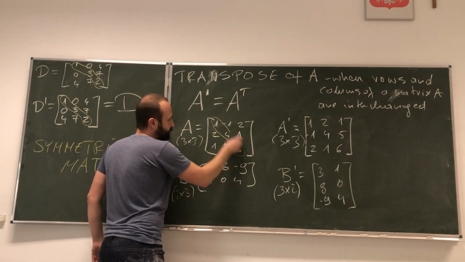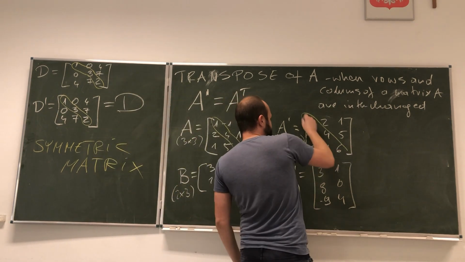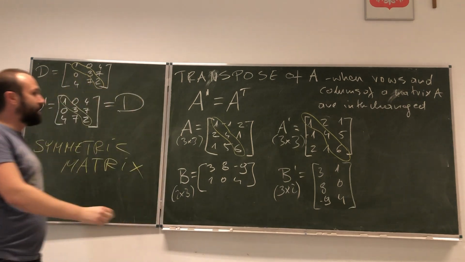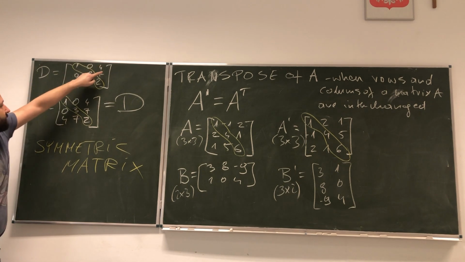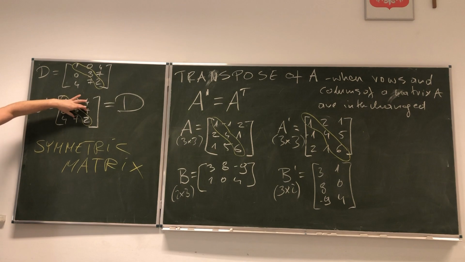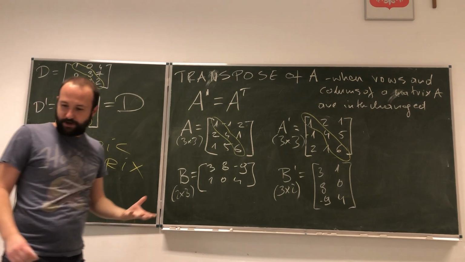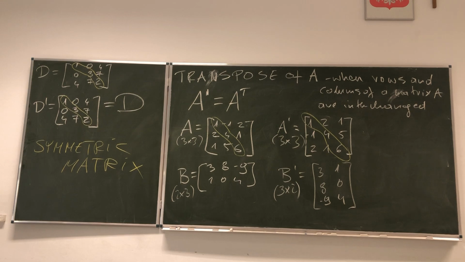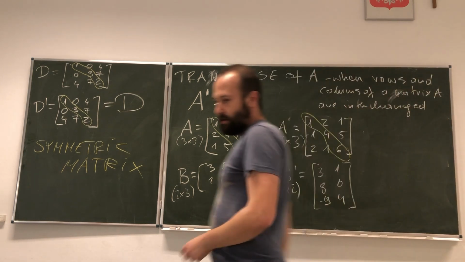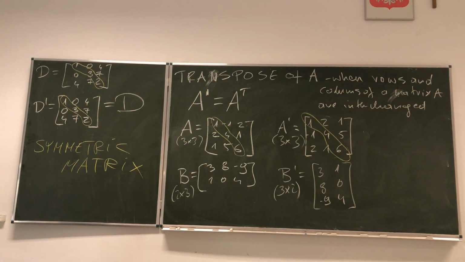So you see the diagonal looks the same after transposition. Because we have the symmetry of elements, when we transpose this matrix, we will obtain exactly the same matrix. Okay, and I think that is enough.